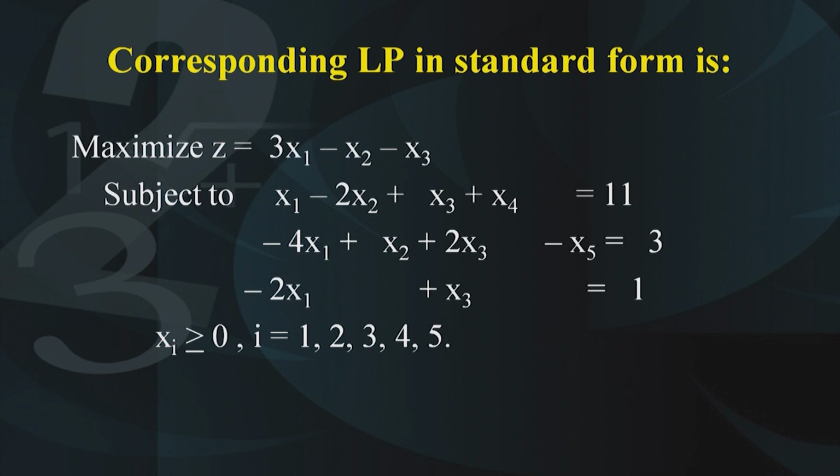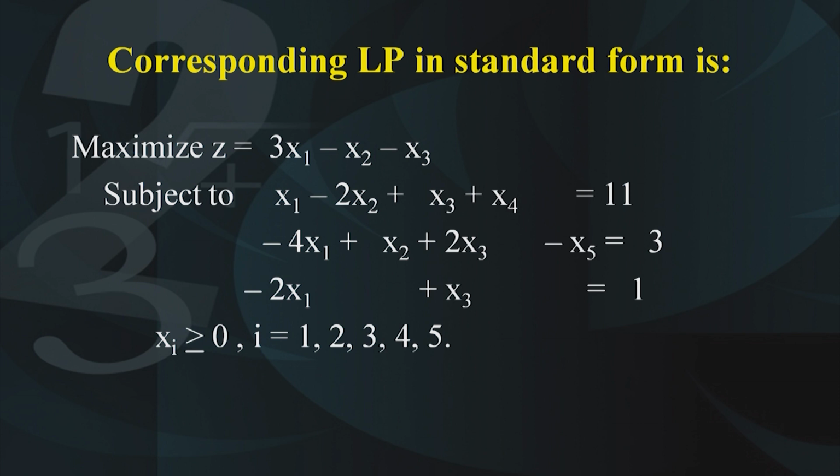So, the original inequality x1 minus 2x2 plus x3 less than or equal to 11 will become x1 minus 2x2 plus x3 plus x4 is equal to 11. And as you know, x4 should be greater than or equal to 0.